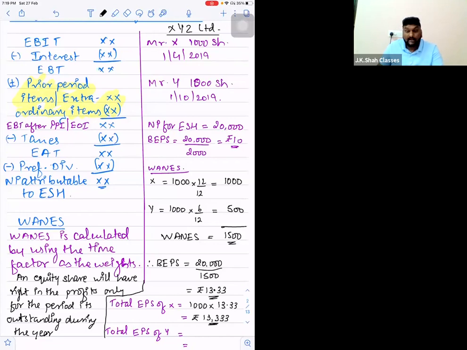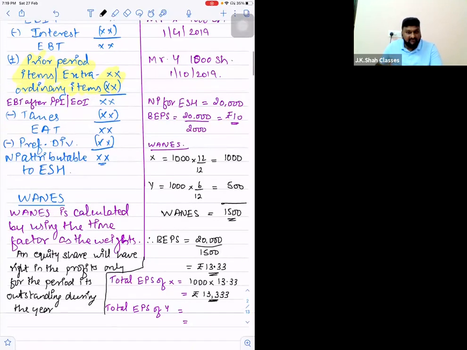Correct? Now, Mr. Y, his EPS is 13.33. As I told you, the EPS figure for the full enterprise will remain the same only. You cannot have different EPS for different shares. Even if the share is held for 6 months or for 1 full year, the figure of EPS will be same.